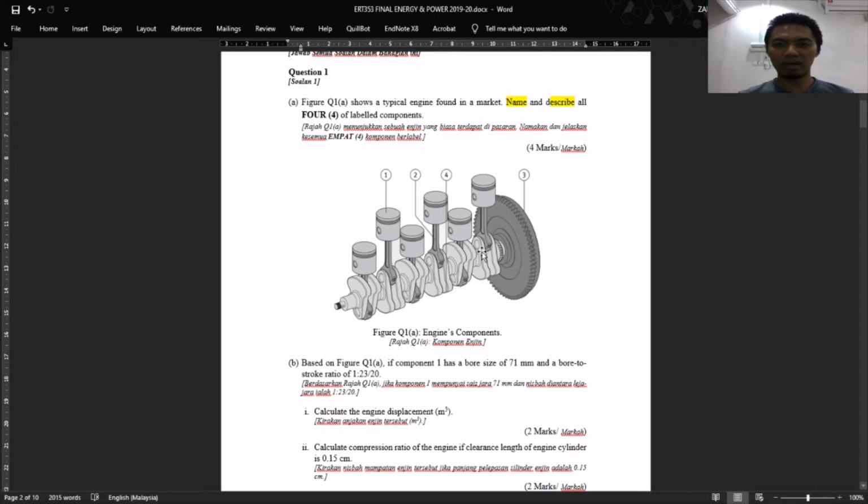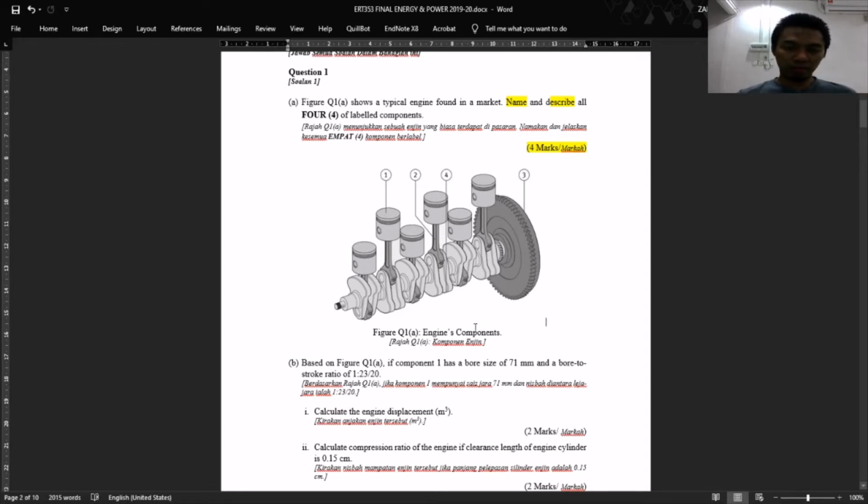Name and describe. If you just name it, you get 2 marks, and if you add anything related that you know about the component, you describe it, so you get 4 marks. It is easy to get 4 marks here. This is just a standard 5 question, right? Name and describe. It's an easy one.